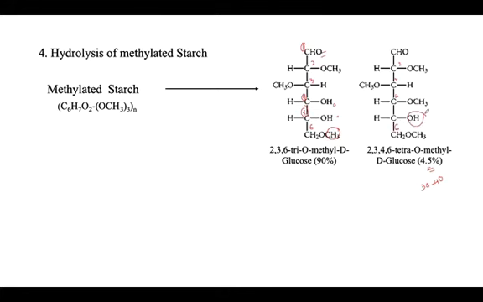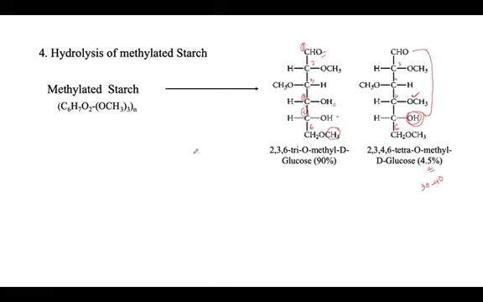The methoxy groups were free in the starch, and now when methylated, they were methylated, and only the group 5 and here CHO. So we can say this is because of the pyranose form and they were engaged.